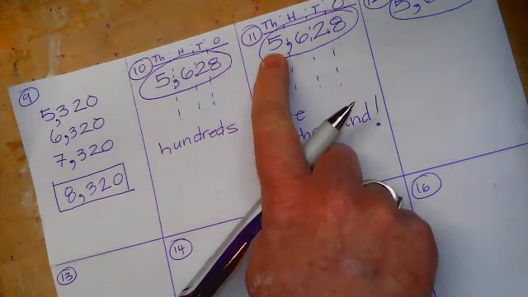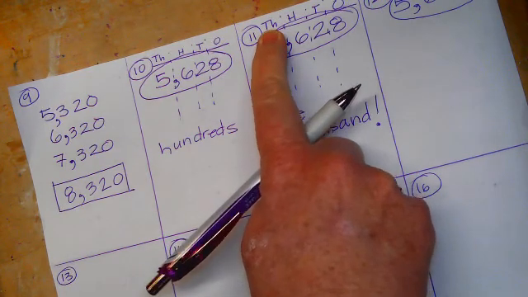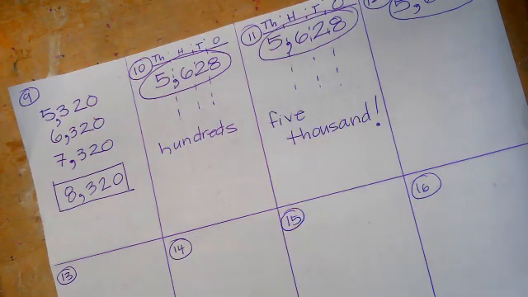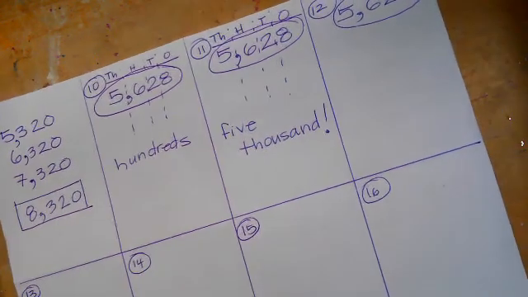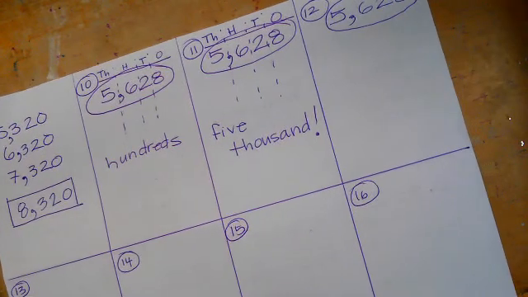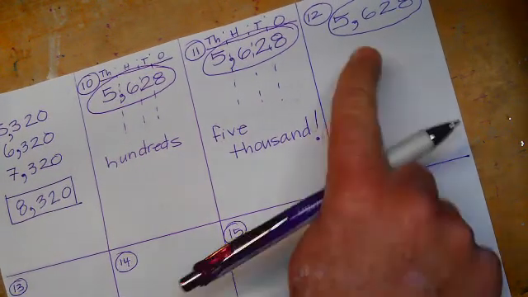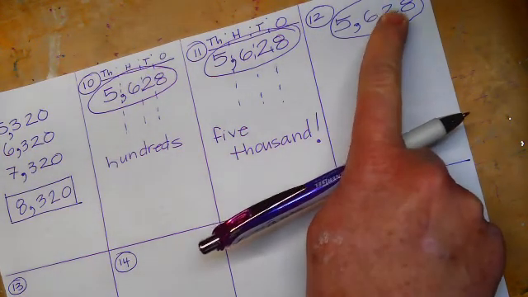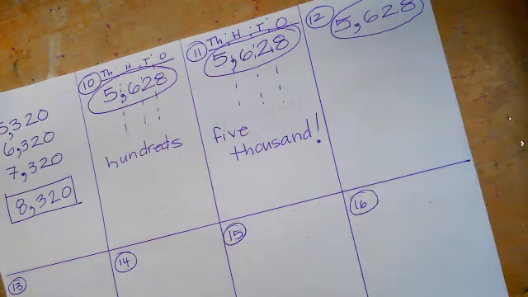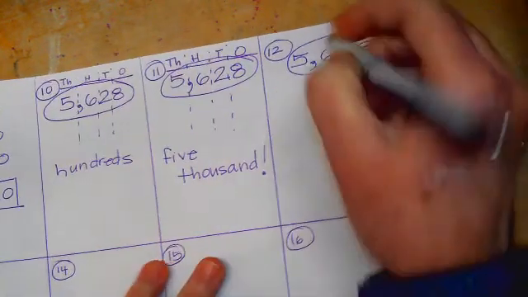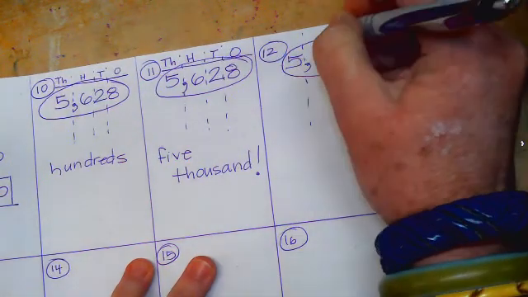So value means how much is that 5 worth? All right. My answer that I got as your elbow partner is 5,000. This 5 is not just worth 5, it's in the thousands place. So it has to be worth 5,000.